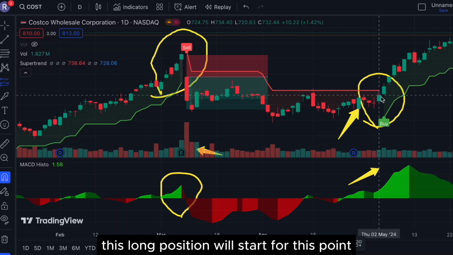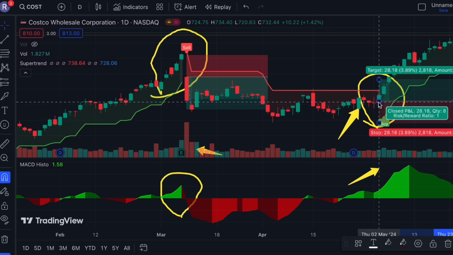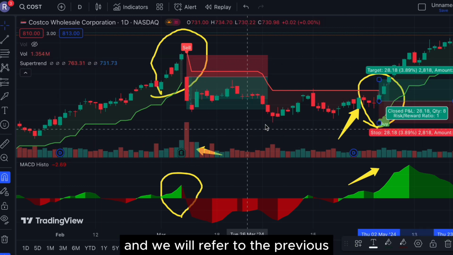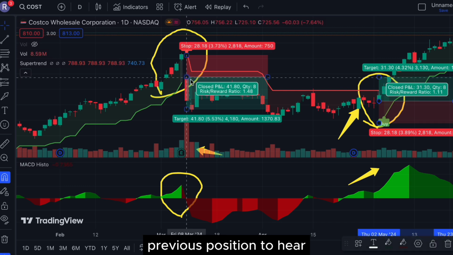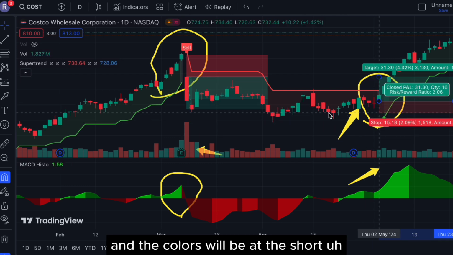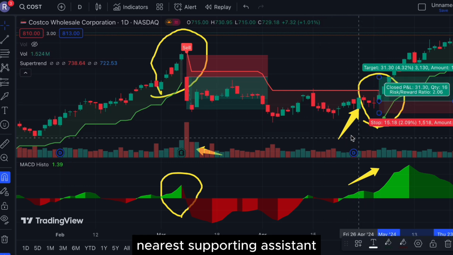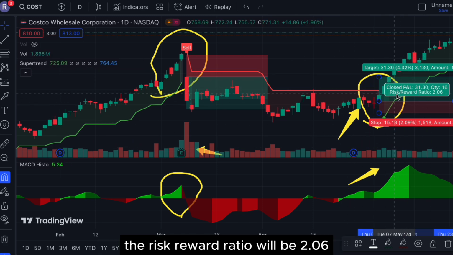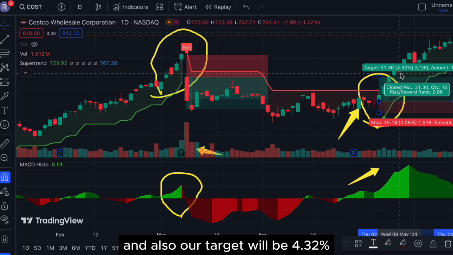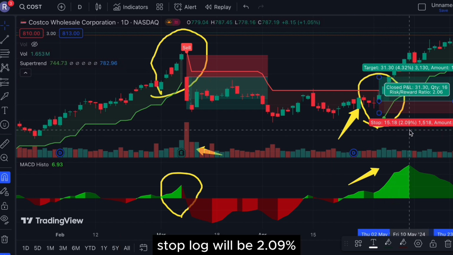This long position will start from this point, and we will refer to the previous position to here, and the cut loss will be at the nearest support and resistance. So if we are going to plan for this trade, the risk reward ratio will be 2.06, and also our target will be 4.32%. Stop loss will be 2.09%.